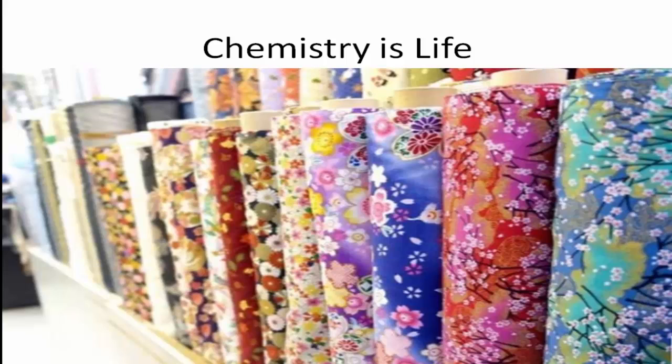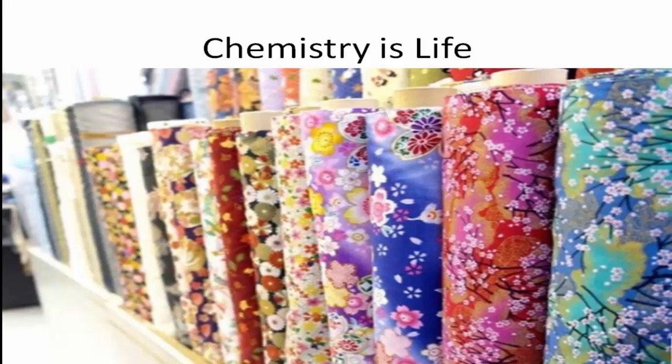Another example is fabric, the textile sector. The fabric we use is of different colors, and dyes have been used over them to give them specific colors, to give them brightness, to increase their beauty, and these dyes are also chemicals.